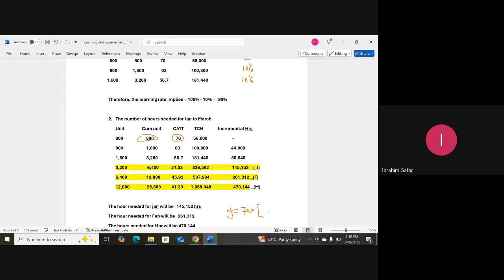Multiply by x. And what is the x? That's the cumulative number of units desired, over the number of units in the first batch.